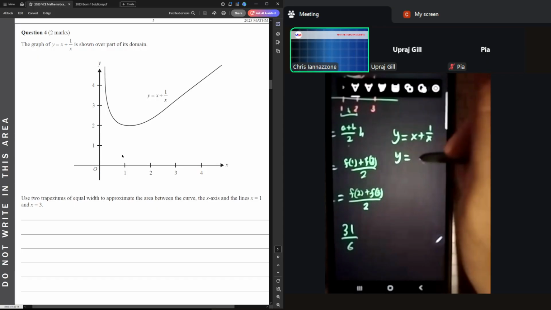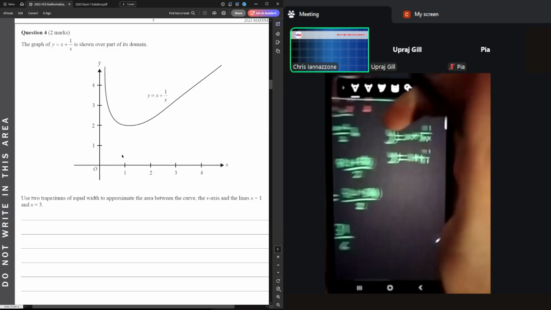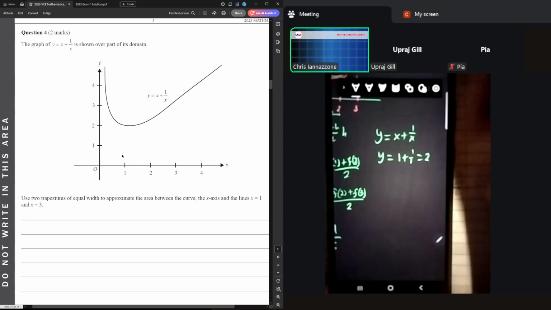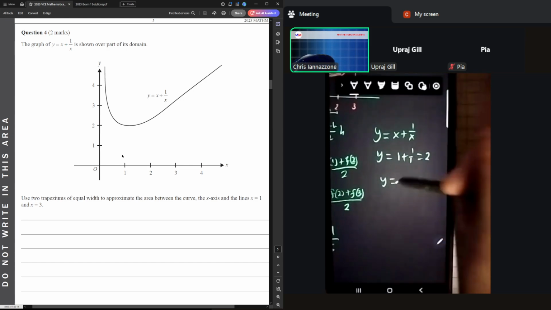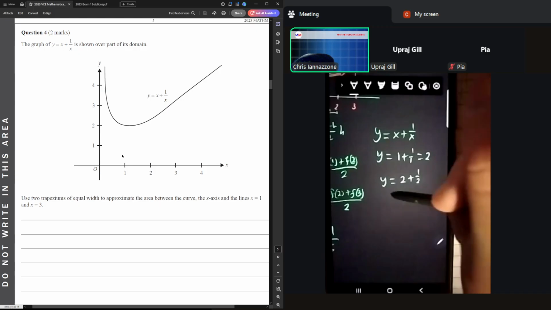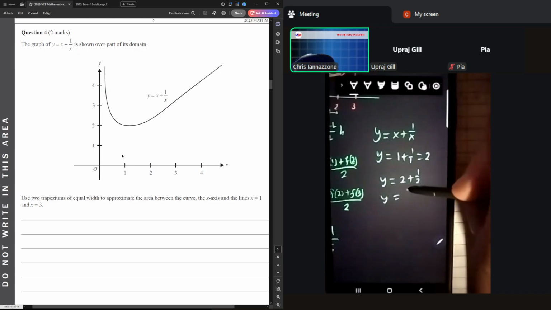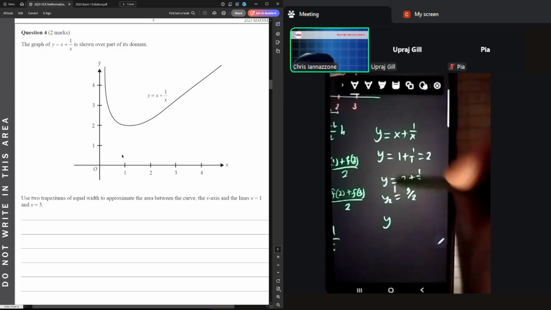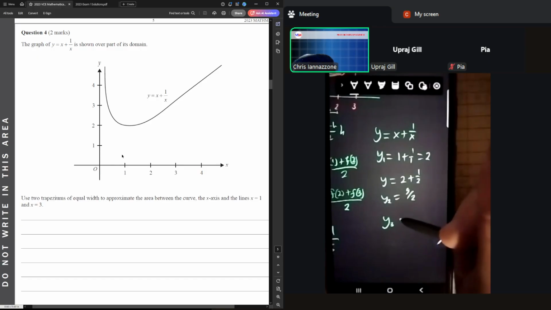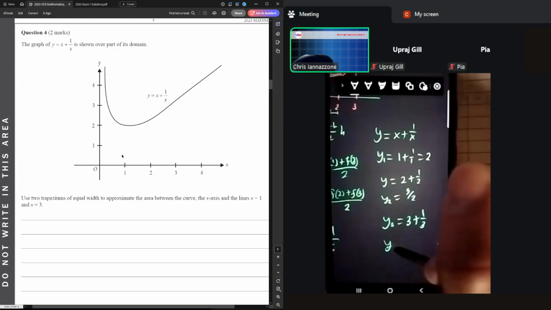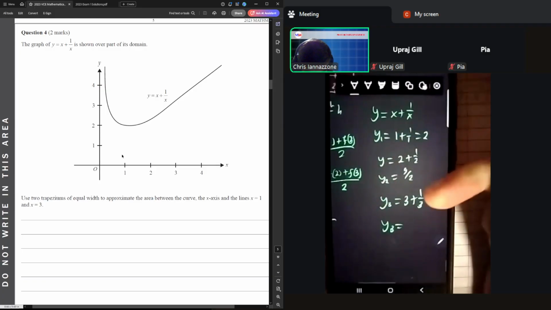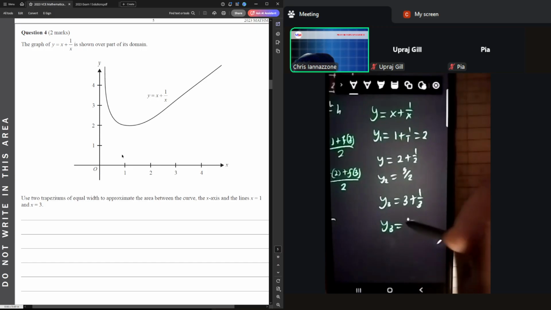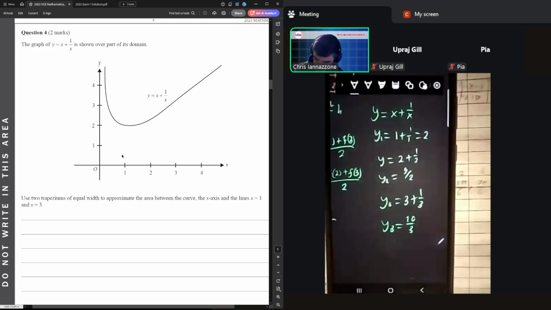So f of 1, 1 plus 1 over 1, of course is going to be 2. f of 2, 2 plus 1 over 2, that's 5 over 2. And then finally, f of 3, 3 plus 1 over 3, we're going to end up with 10 over 3. Any of those were different to what you had?